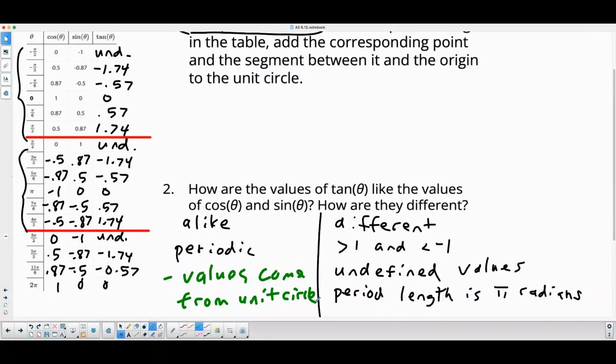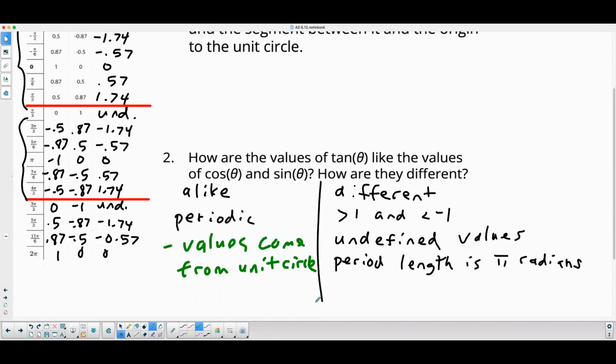And we could say also that we have the same angles for each graph. Same angles with theta. All right, let's go on to the next thing.